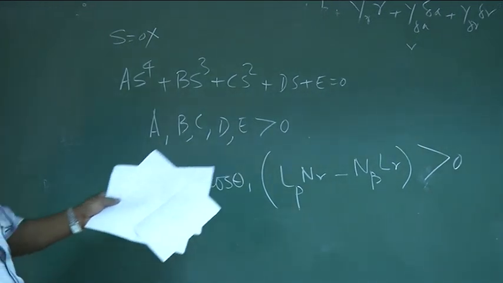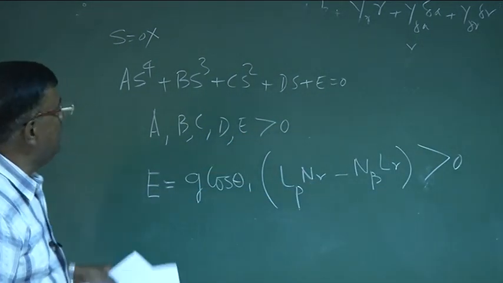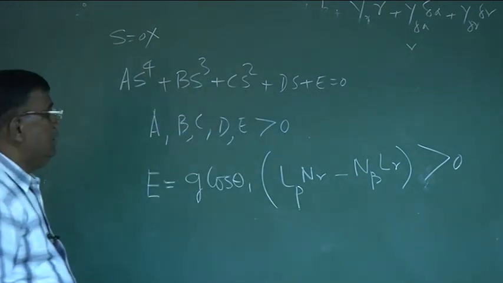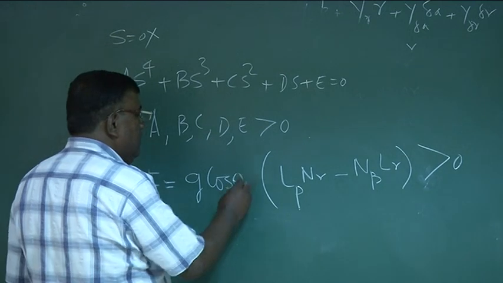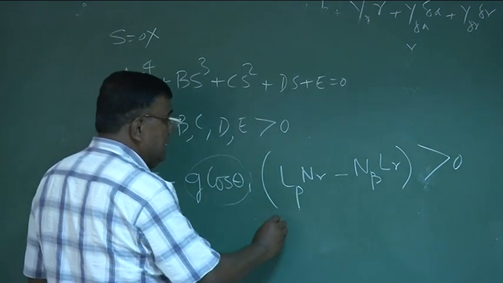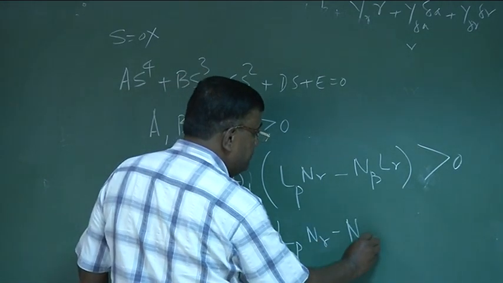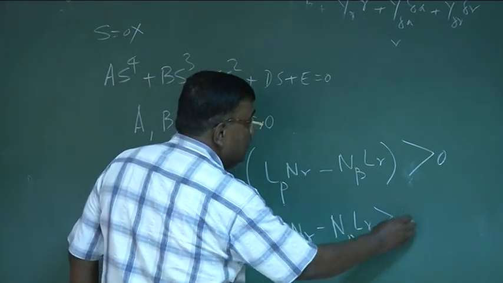This is the expression of E you will get if I expand this determinant. This is extremely important. Let's say theta 1 is 0, so anyway this is a positive number. The condition is L_P N_R minus N_beta L_R greater than 0.